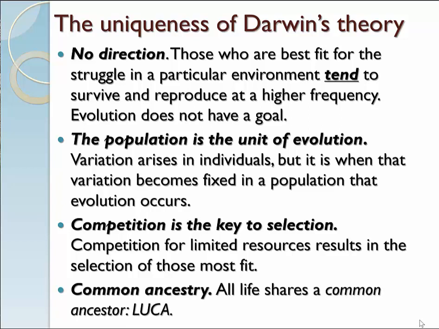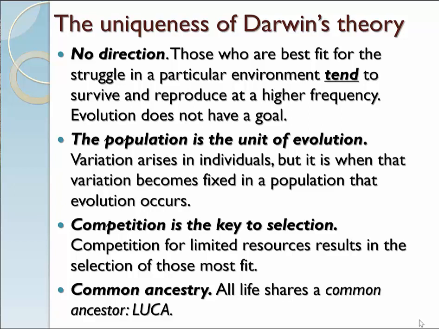And then another thing was common ancestry, although this was not new with Darwin. Even Darwin's grandfather had suggested that all life shares a common ancestor. And this has been confirmed by genetic studies. When you do genetic studies, it's like looking back into the family history to see who's your great-great-great-great-grandmother.